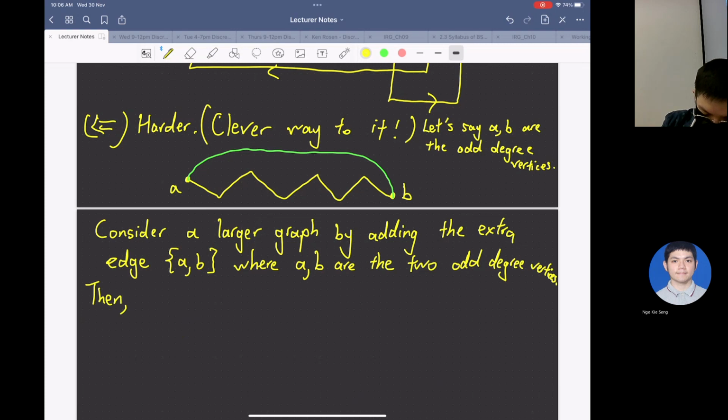Then all the vertices will have even degree.